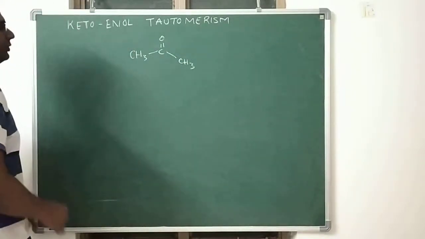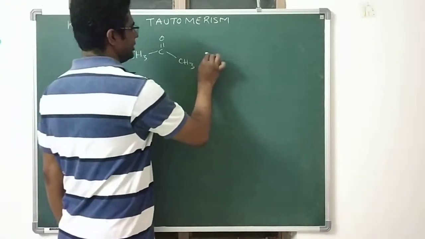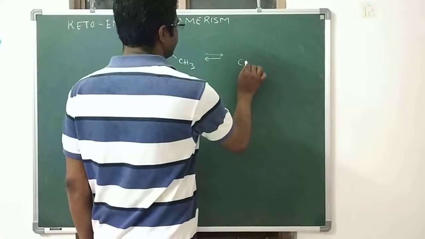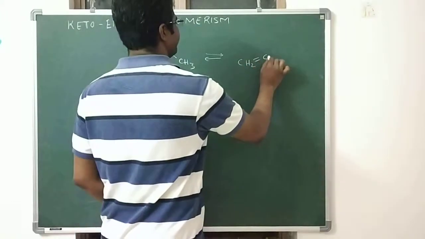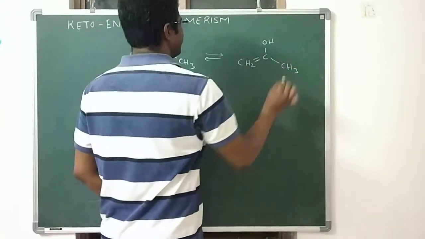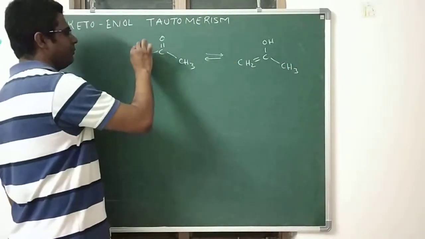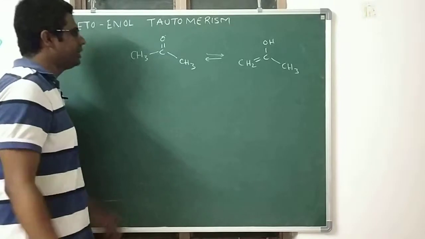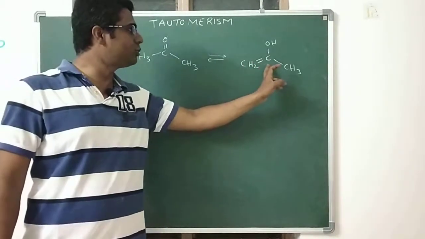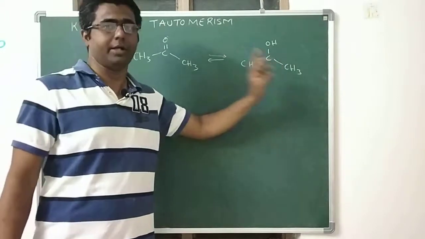Let us take acetone and let us see how the keto-enol tautomerism takes place over here. So here is the keto form and here is the enol form. One of the alpha hydrogens is shifted from CH3 to O, thereby forming a double bond between CH2 and the carbon that had the carbonyl bond.